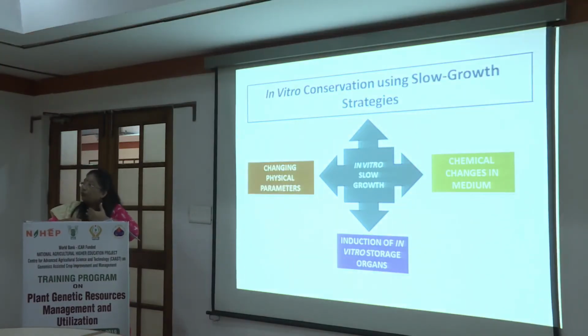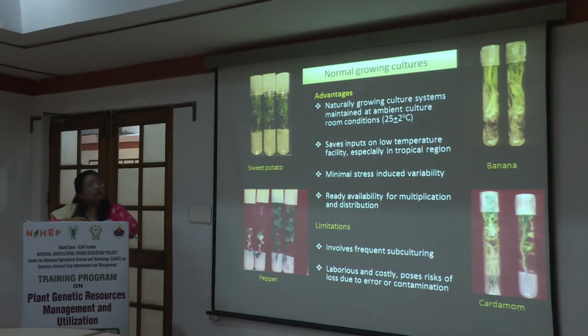Now, once we have established the cultures, the next step is to put them under slow conservation. What we can do is allow the cultures to grow, put adequate numbers, say 20 to 24 cultures per genotype, and allow them to grow, typically as is done in a tissue culture lab.